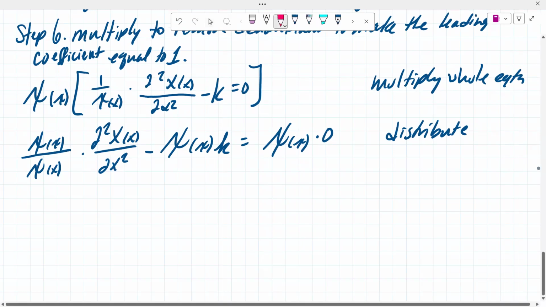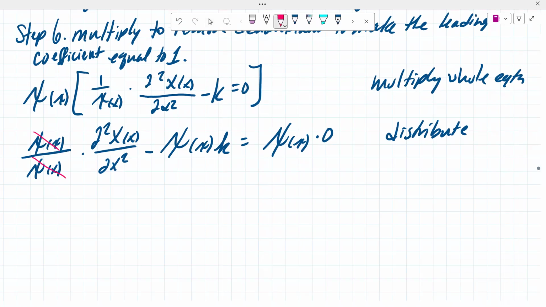Next, we need to do some simplifying here. Now the X of x's cancel out. And anything times 0 is just 0, right? So this whole thing is just going to be equal to 0. All right, well, now let's rewrite that. It's going to be a little simpler.